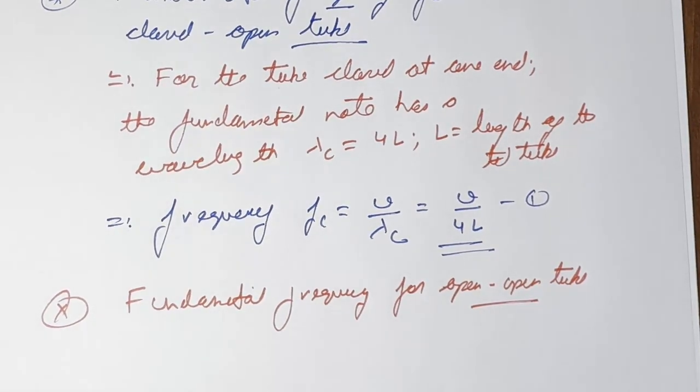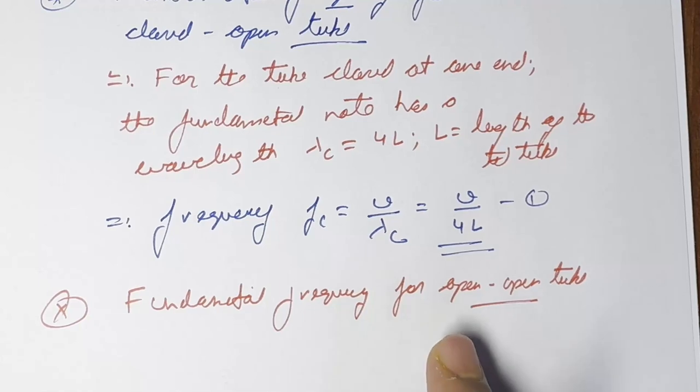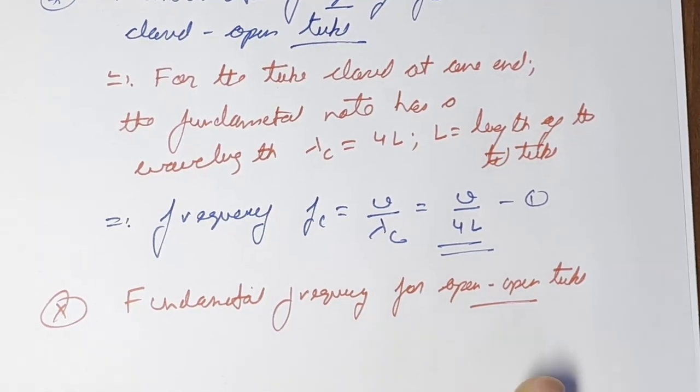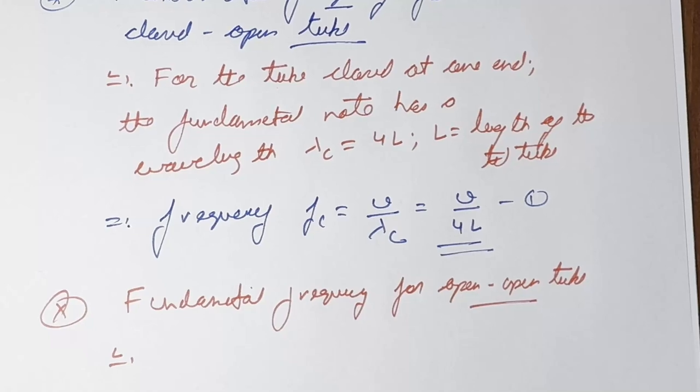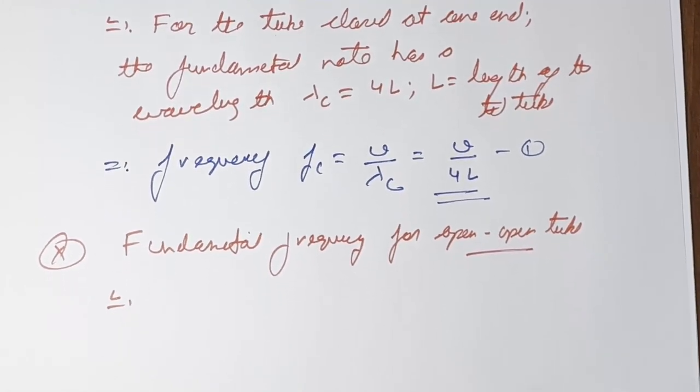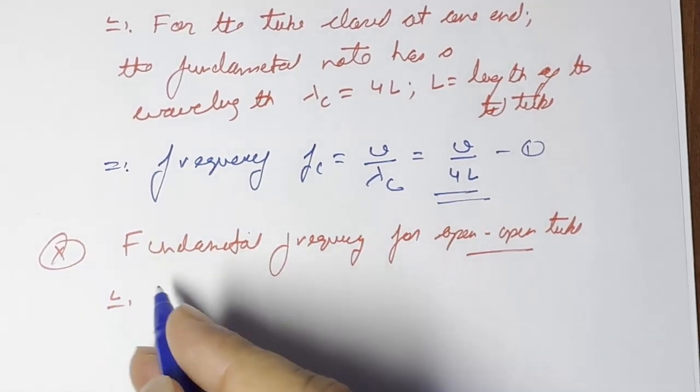We have a tube which is open at both ends, and in this condition we can say that the fundamental note has a wavelength. Let us suppose that is called lambda naught. Lambda naught will be equal to 2 into L.